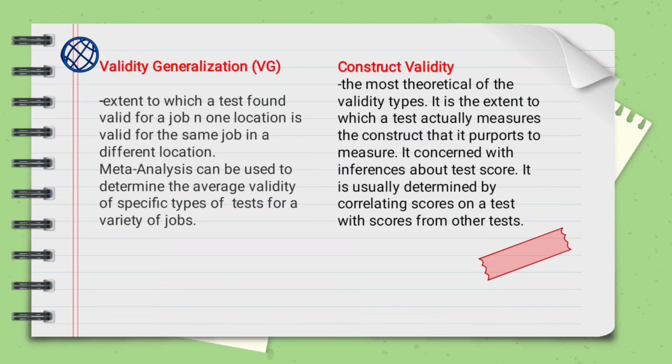Construct validity is about test scores, which is the opposite of content validity, which is concerned with test construction. Again, construct validity measures the test scores. Content validity is concerned with test construction.